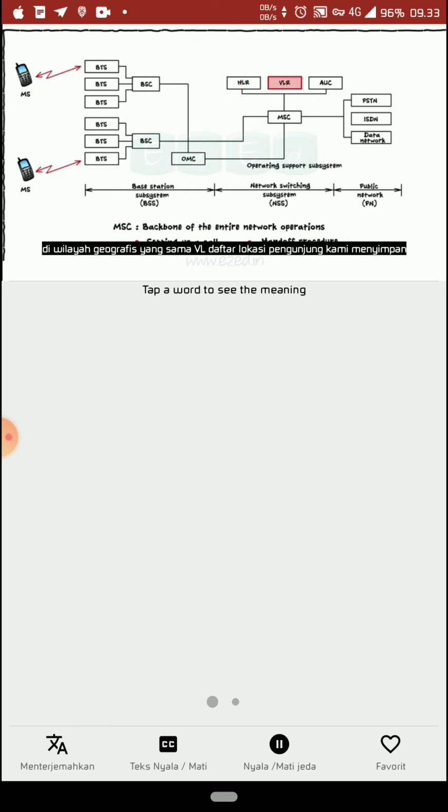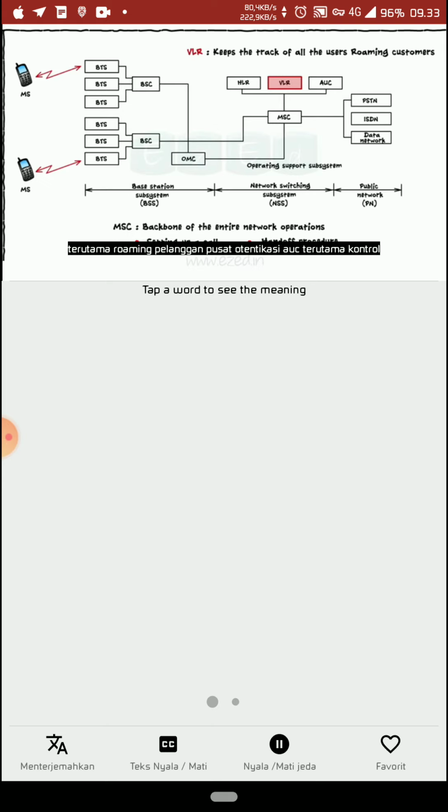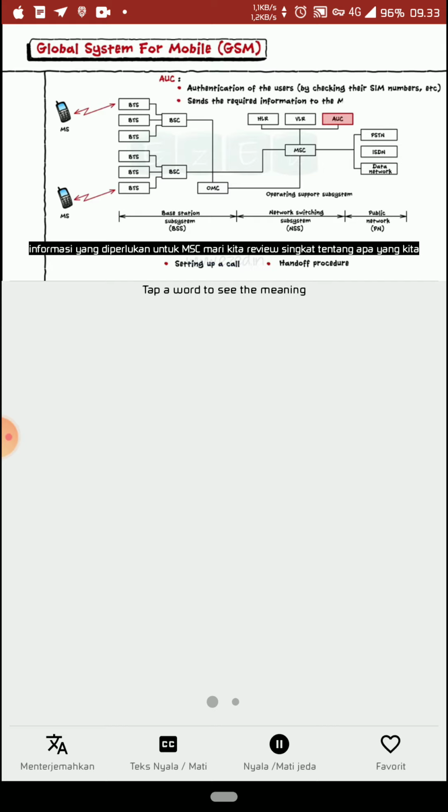VLR, visitor location register, keeps track of all the users for that particular geographical area, mainly roaming customers. AUC, Authentication Center, mainly controls the authentication of the users by checking their SIM numbers, etc., and sends the required information to the MSC.